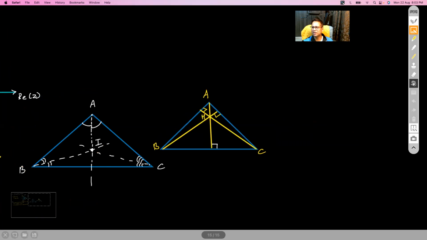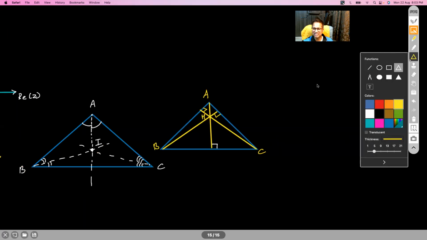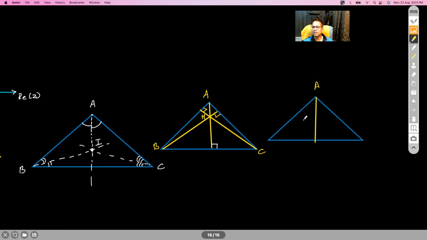Centroid, everybody knows. You have already used it in solving problems of class 10th coordinate geometry also. So let me make a blue triangle. So it's the meeting point of the medians. What is the median? From the opposite vertex, it bisects the opposite side. Okay. Sure, Advait, I'll explain it to you.